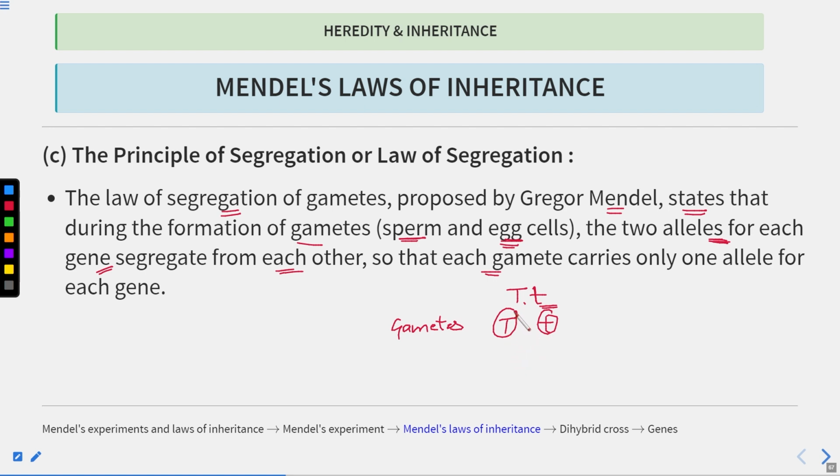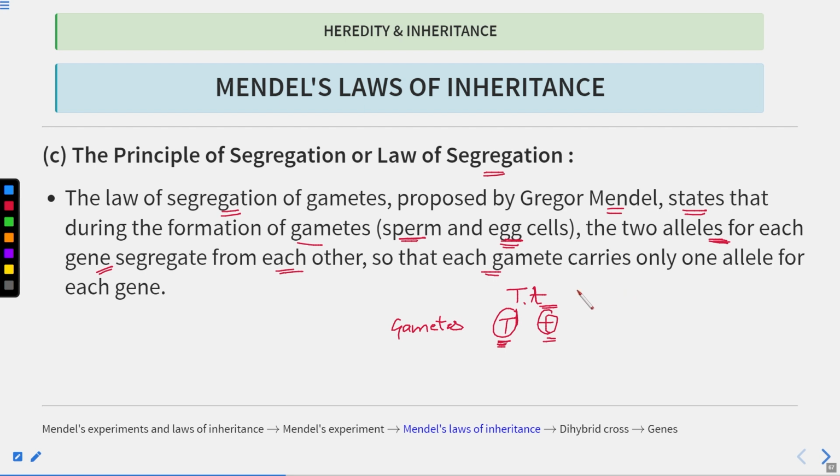Clear? So this capital T will go in one gamete, and this small t will go in another gamete. So alleles segregate from each other. This is known as the law of segregation, and each gamete will receive one allele.